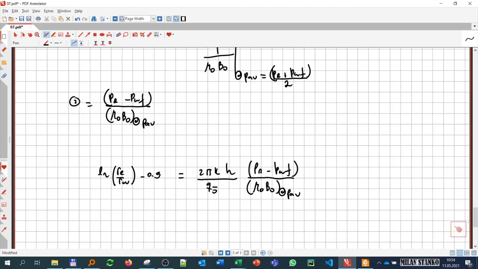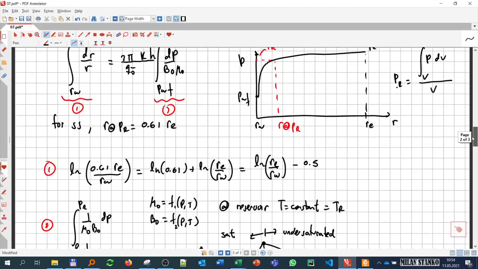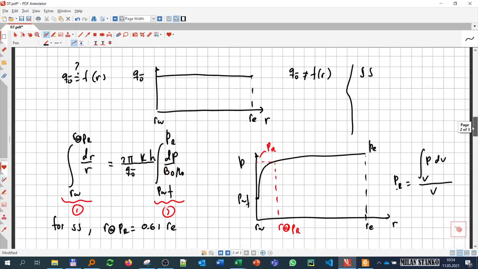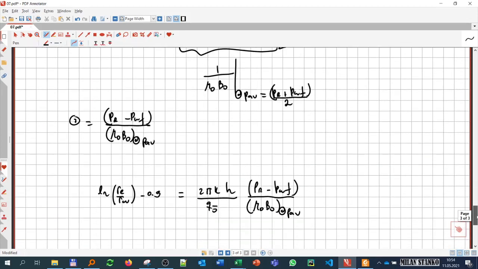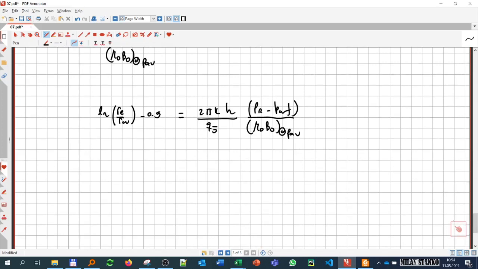Let me see if I'm taking everything in. Okay, and then I can just clear the expression. Remember, the IPR expression is QO equal to some constant times PR minus PWF.